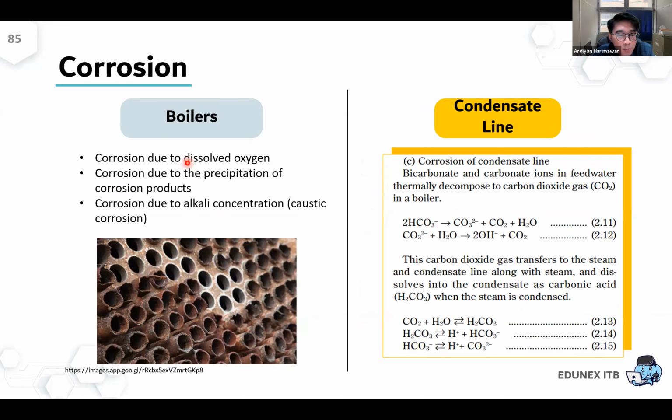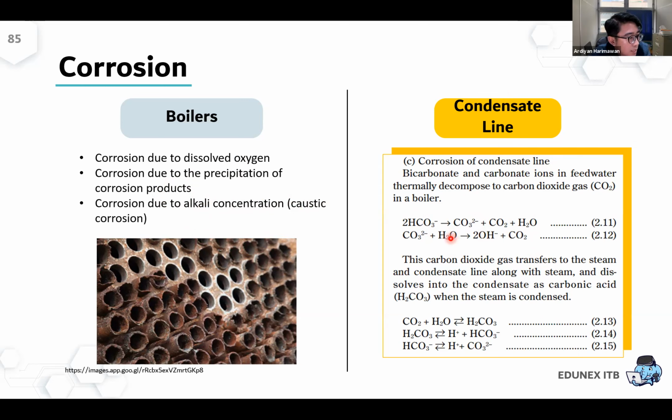It can be due to the dissolved oxygen, due to the precipitation of the corrosion product, and due to the alkali concentration, or we call it caustic corrosion. And also, the corrosion can happen after the boiler in the condensate line. This is also because of the hardness and also from the oxygen.